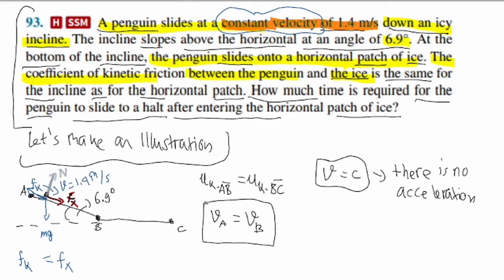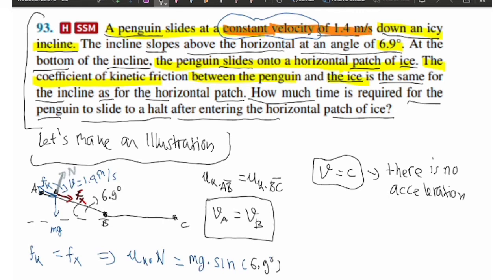That is because velocity is constant along A to B. Or we can write this equation: Fk is mu k times the normal force, equals Fx, that is mg sine of 6.9 degrees.